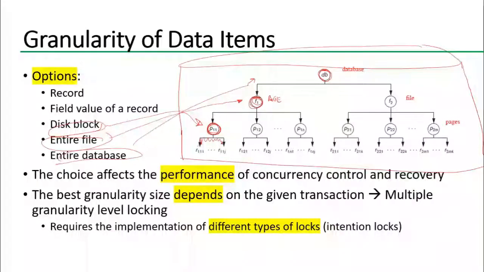You can have just one single attribute of one record or the full record. So you see there's some hierarchy or granularity of the data items. So when you lock a data item X, what is X? It depends. The choice of the grain will change the performance of your database.